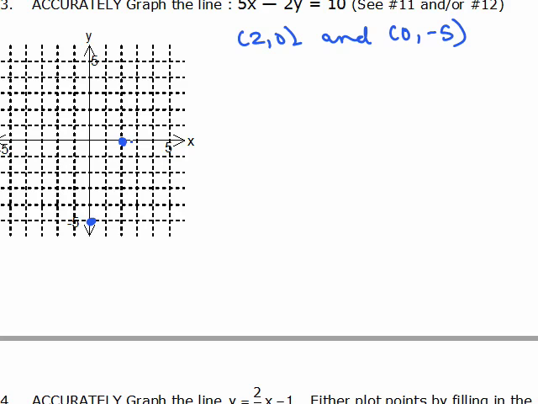So if I also had a slope of 5/2, if I go over 2 and up 5, I also notice that's all on the same line. So we just connect the dots, and that's our line. You do want to use a ruler of some sort here.